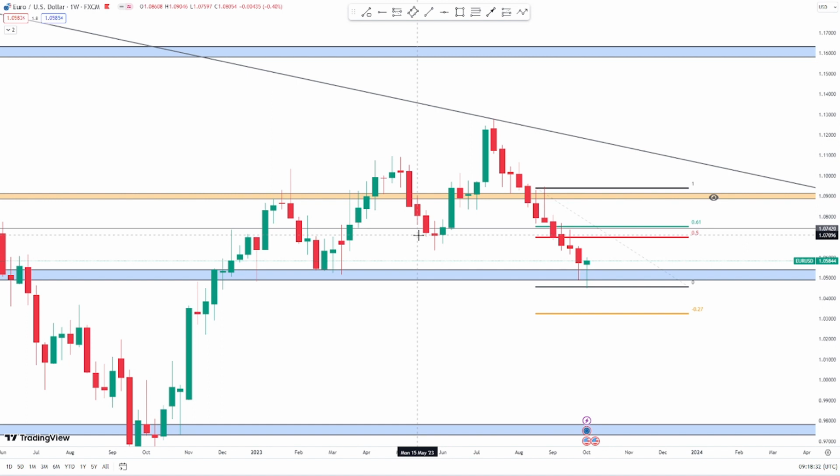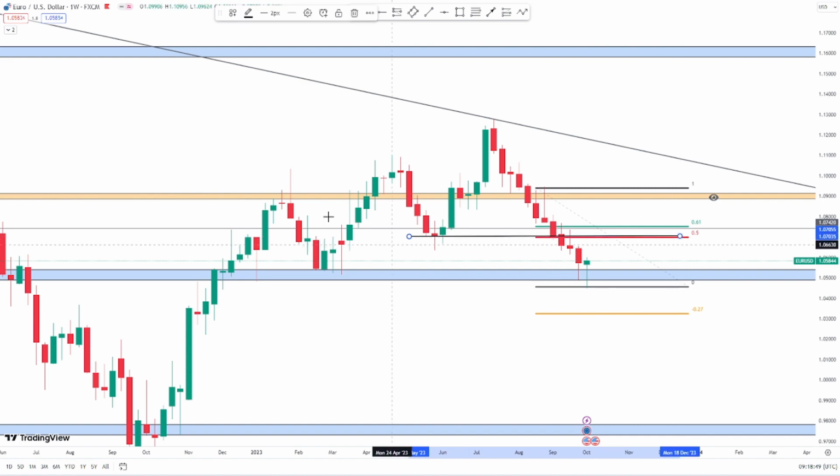This is the low, a higher low around here, something like this. Here, low around here like so. Yeah, let's go back to the daily time frame.